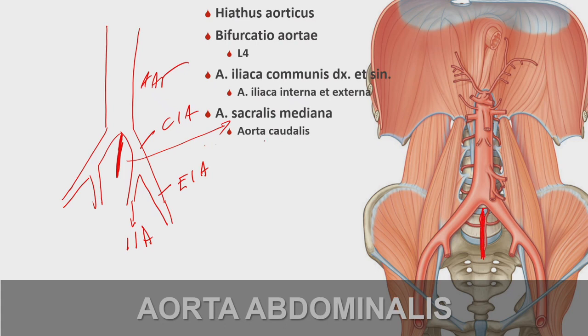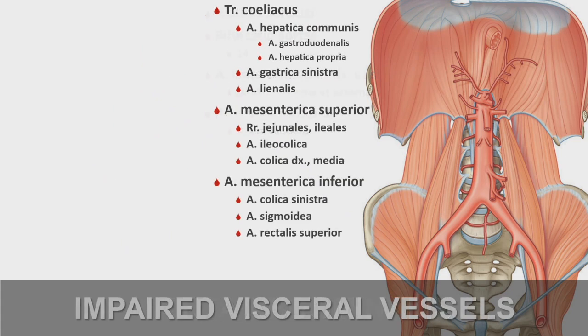This artery is a remnant of the caudal aorta in other animals, like in lizard or in cat. Then aorta has important branches, paired and unpaired visceral branches.